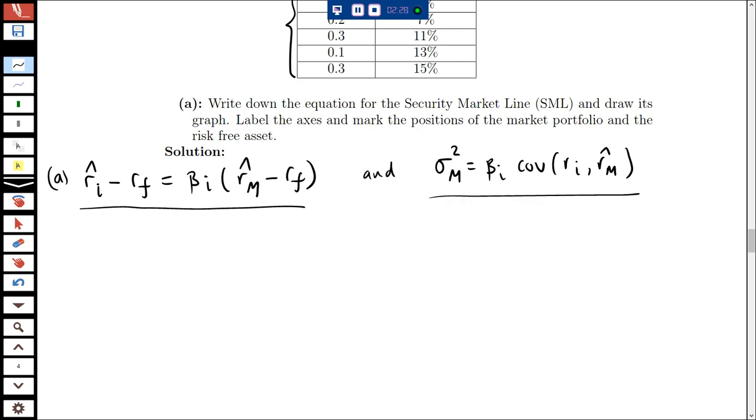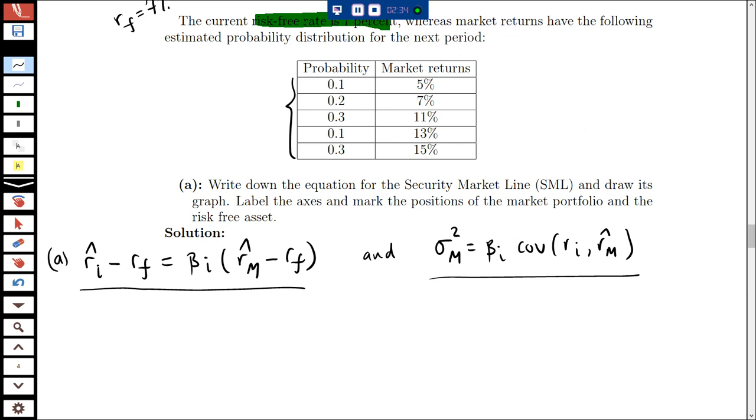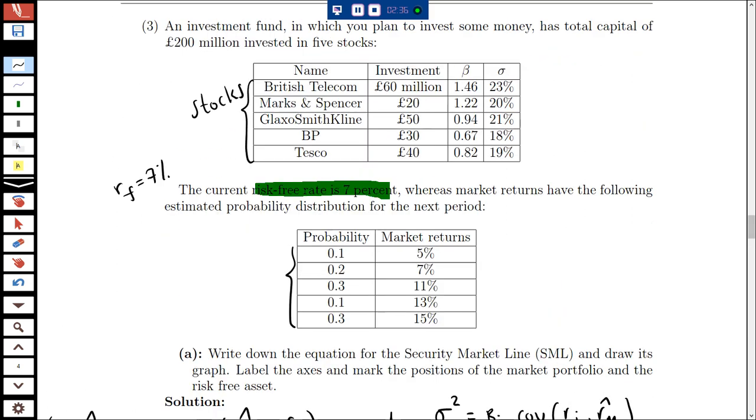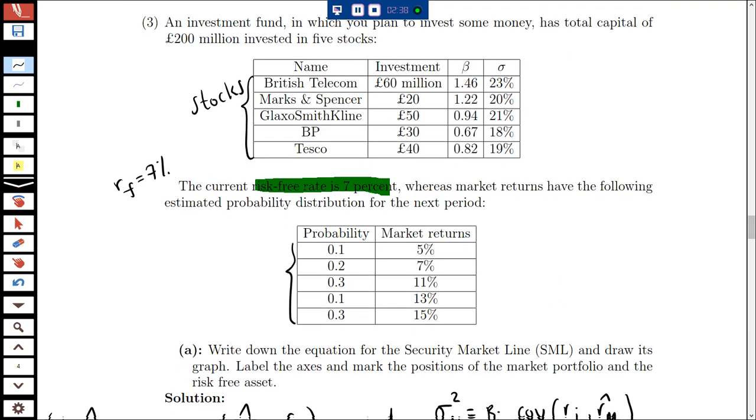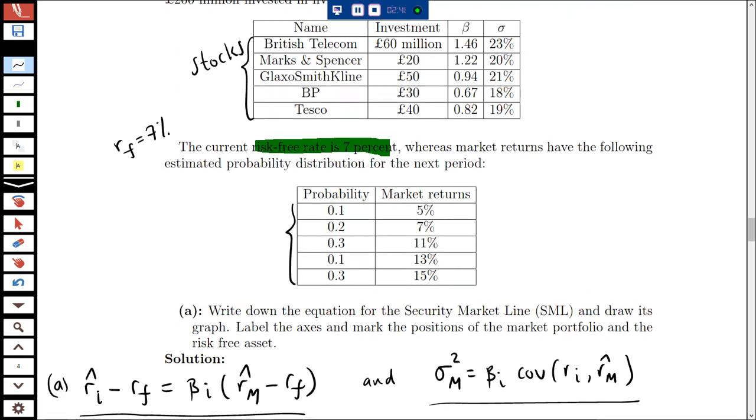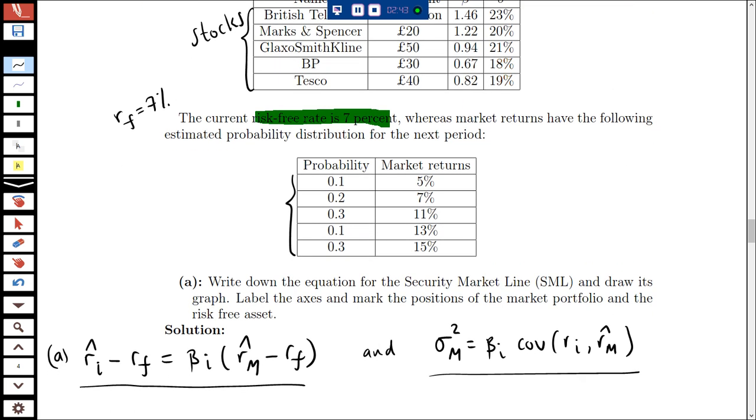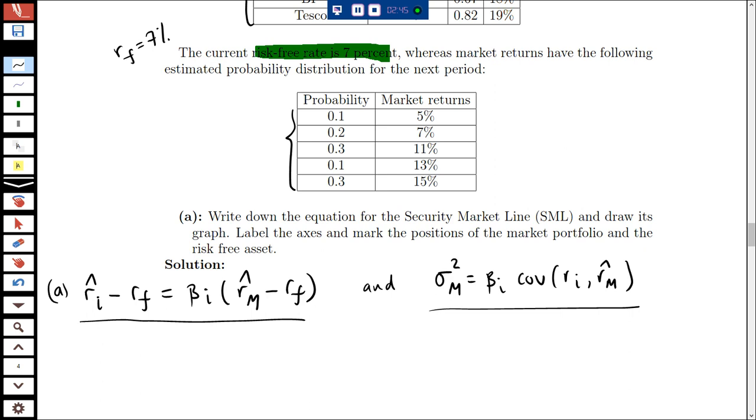So we need to calculate a few things. We need the market return. So let's do that first. Okay, so we have a market of 5 stocks. We have some probability distributions.